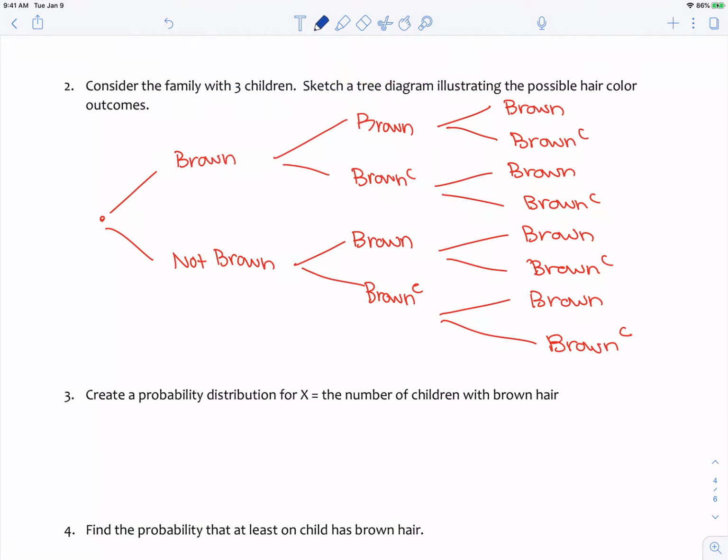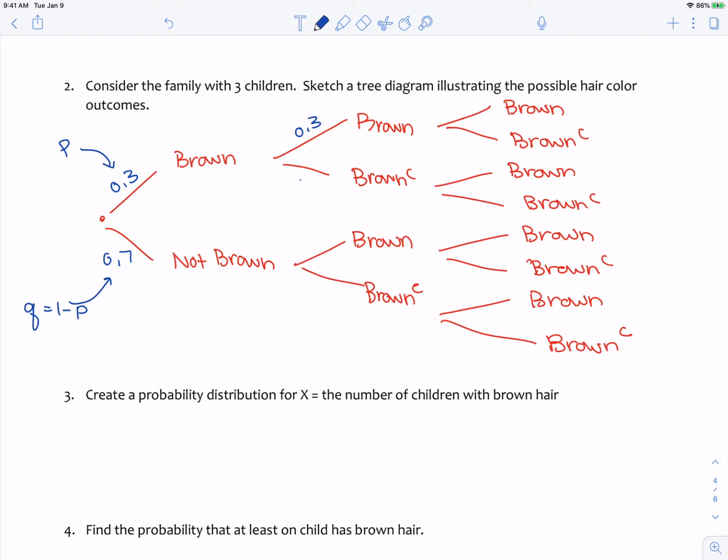Let's add the probabilities. There's a 30% chance of having brown hair. So this would be brown, and not brown is then 70% or 0.7, because remember this is P. That makes this Q, which was 1 minus the probability of P. All right, and then since we've assumed independence, naturally an independent situation, the probability of having brown hair is not going to change.